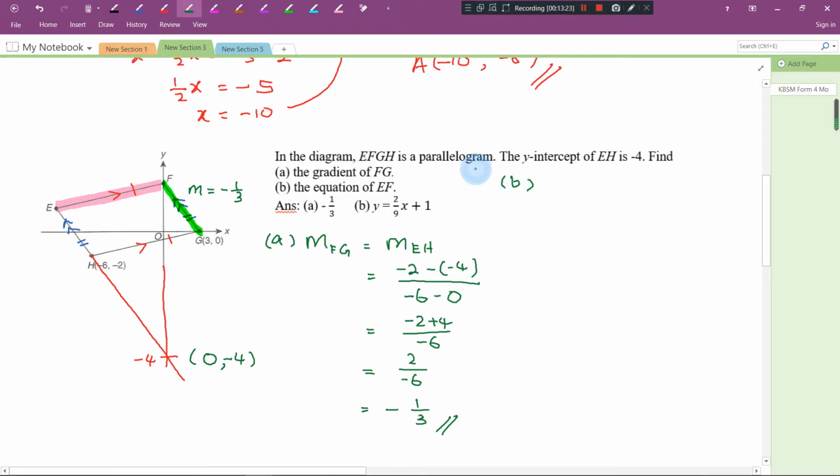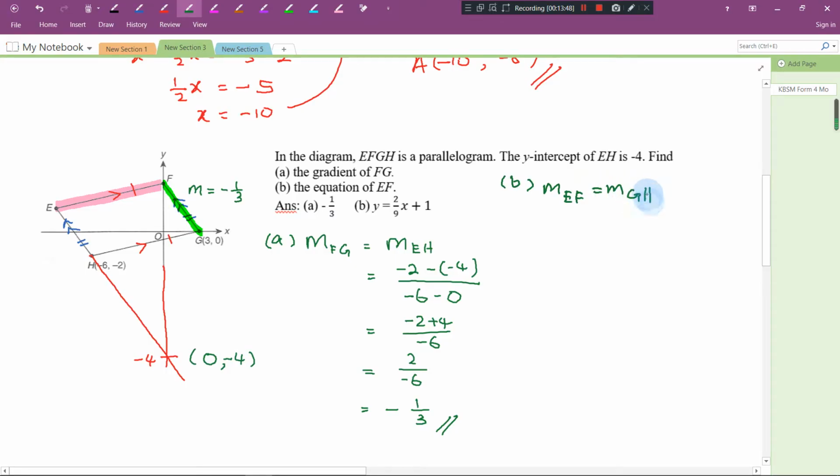So let's focus on finding the gradient first. The gradient of EF. We don't have any point here that we know the coordinates. It's okay, because we know that the gradient of EF is equal to the gradient of GH, because they are parallel to each other.